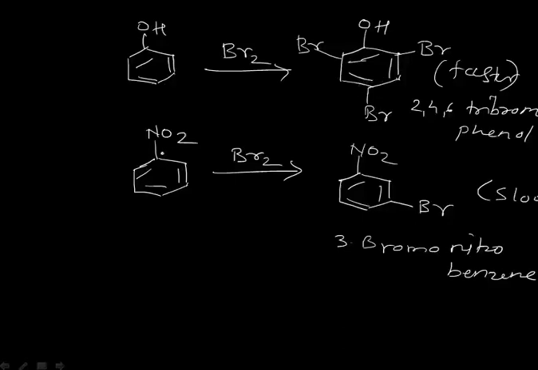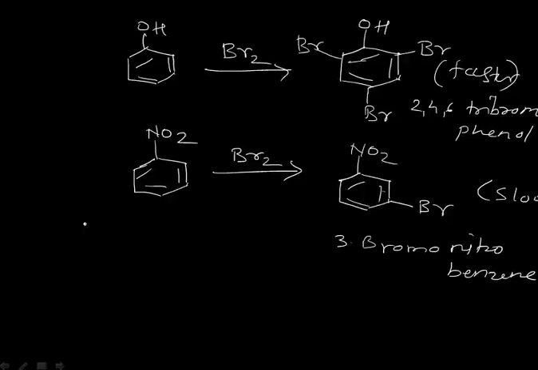Whereas the NO2 group is electron withdrawing, it makes the aromatic ring electron deficient, and therefore the meta position, or carbon number 3, is quite electron rich as compared to other carbons of the ring, and therefore we get bromination specifically at carbon number 3.